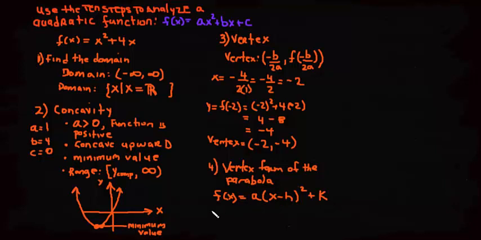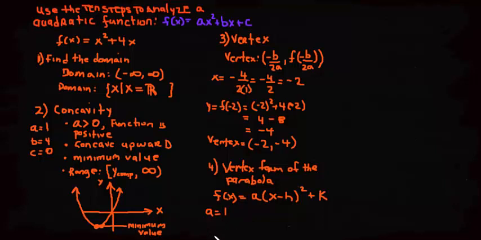Now watch. We see that a is equal to 1. Let me make mention of this so we won't confuse everybody out there. We know from the last step, step number 3, that the vertex is -2 and -4, which is the x component and the y component.